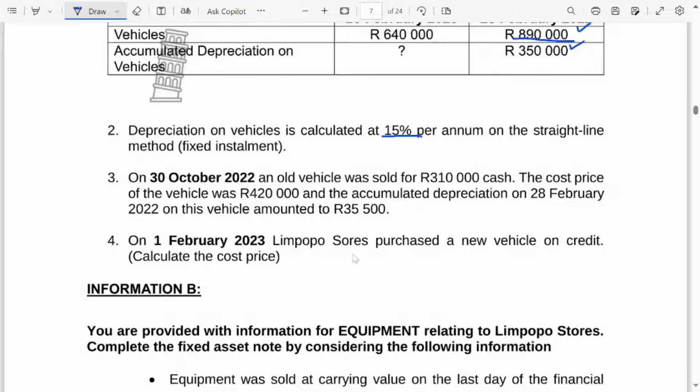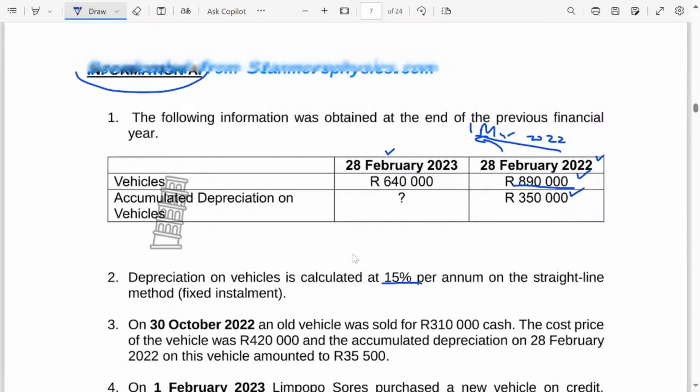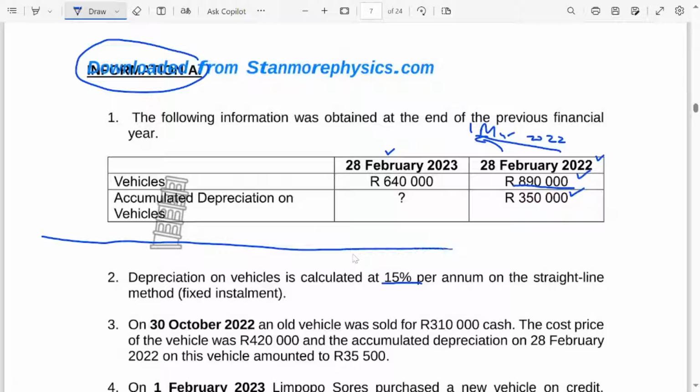So let's draw a timeline, because I believe that a timeline is going to make things very easy. So here is a timeline.